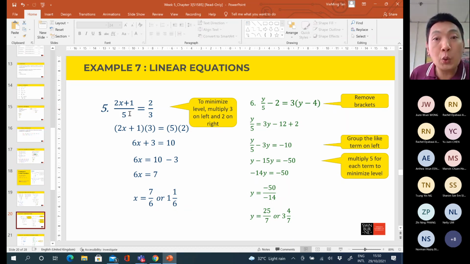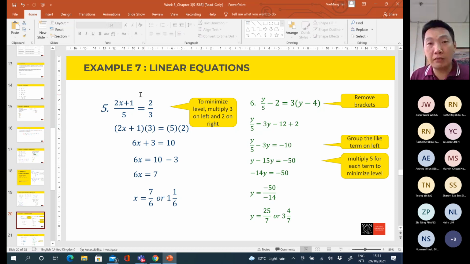But the problem now is there are 2 layers. This is considered one term, and on the right hand side also one term. 2 over 3 is a term. And on the left hand side there is also one term, which is (2x plus 1) divided by 5. Only one house, that's the meaning of one term. But there are 2 layers, so it's better for us to minimize the number of layers into 1 layer.